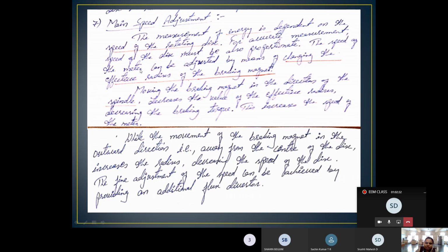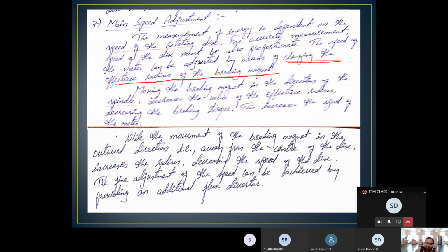The speed of the meter can be adjusted by changing the effective radius of the braking magnet. We are going to do that.